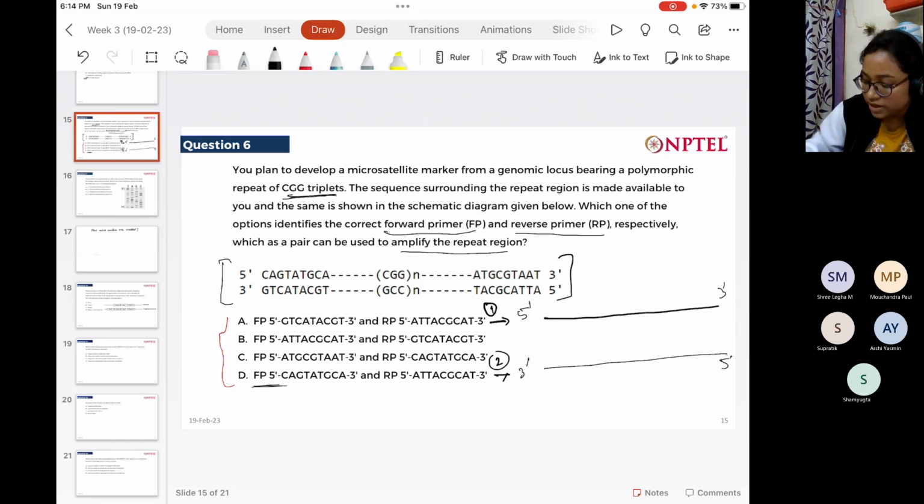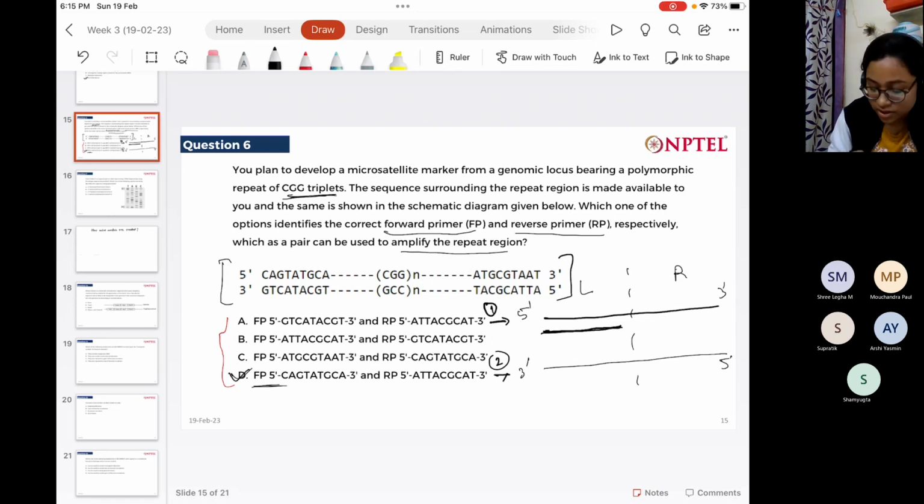Say this is your left side, this is your right side. Is it going to bind complementarily on the left side or right side, with the first strand or the second strand? Left, with the first strand. Okay, so if it is going to go here, left on the first strand, the correct answer is D only.